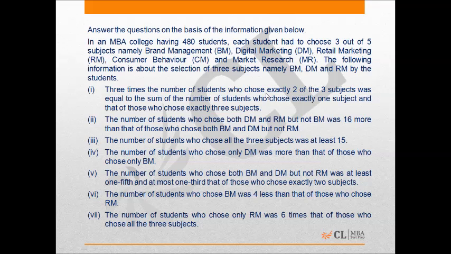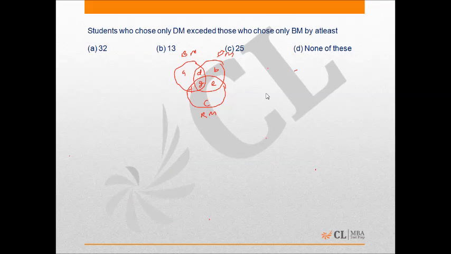So let's draw a Venn diagram in which we have 3 sets BM, DM, and RM. Here A represents the number of students who choose only BM, B represents the number of students who choose only DM, and C represents the number of students who choose only RM.